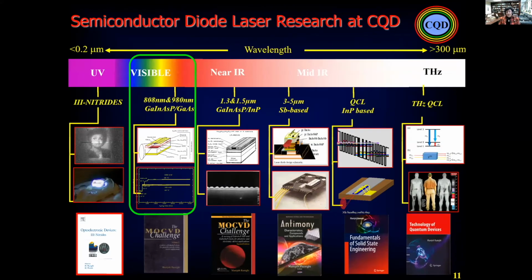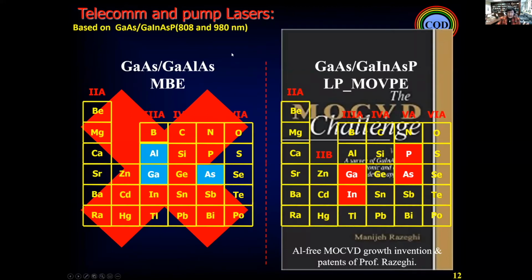Now, if I come to the visible part, because the eyes can see only from 400 to 700 nanometers, and more than 700 it becomes infrared. So if I come to 808, 980, that is very important, again, for the different applications, especially telecommunication, that we had with gallium arsenide, gallium aluminum arsenide, MBE.